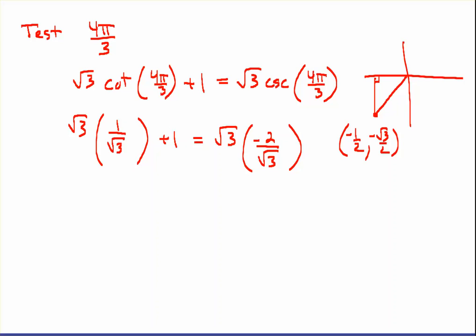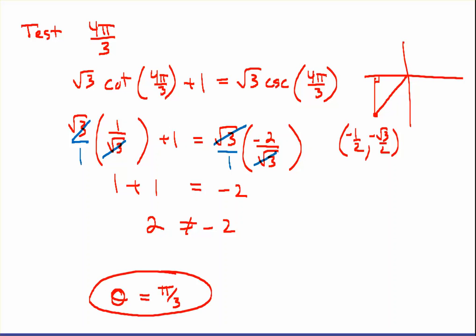Simplifying, the root 3's go away. So 1 plus 1, the root 3's cancel off, and you have a minus 2. But here's my little problem: 2 does not equal negative 2. In this case, 4 pi over 3 does not work. It's called an extraneous root. It only appeared because we squared both sides of an equation. The only answer here is pi over 3, our final answer.